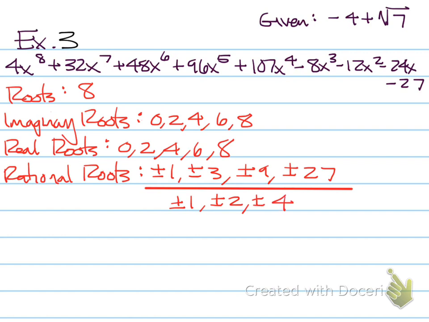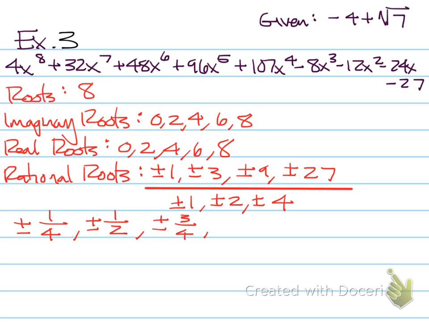So to write out all the possible rational roots, I start with the 1, the smallest number in the numerator, over the biggest number in the denominator. So plus and minus 1 over 4, and then plus and minus 1 over 2, plus and minus 1 over 1.